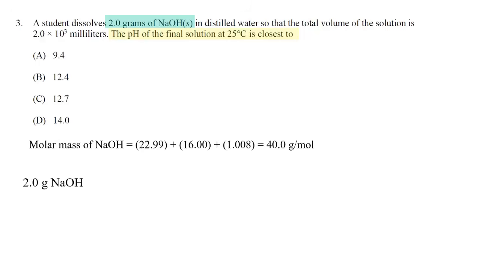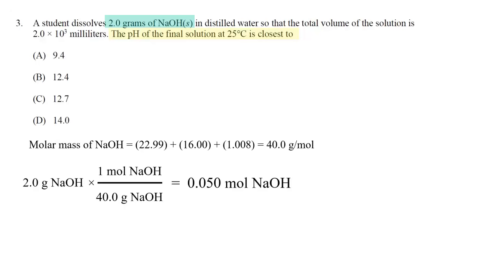Starting with 2 grams of sodium hydroxide times 1 mole of sodium hydroxide for every 40 grams, that gives us a value of 2 divided by 40, 0.050 moles of sodium hydroxide. So this is not the concentration of sodium hydroxide, this is the number of moles.